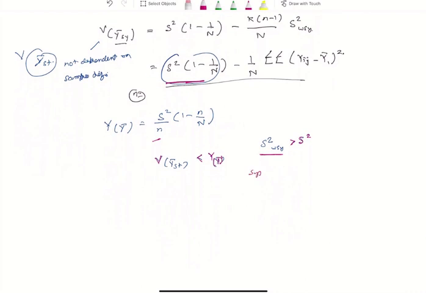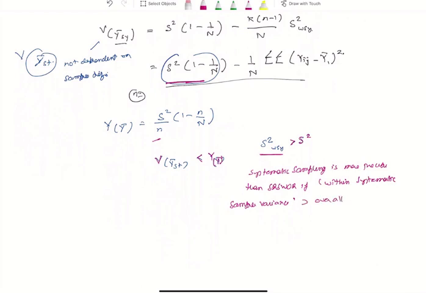So systematic sampling is more precise than simple random sampling if the within sample variance is more than the overall variance, and it is less precise otherwise.